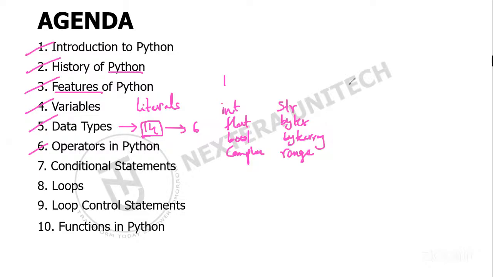Next to fundamental category data types, we understood list category data types, in which we have list and tuple. What is the purpose of list category data types? They help us to store single values or multiple values, same type or different type.